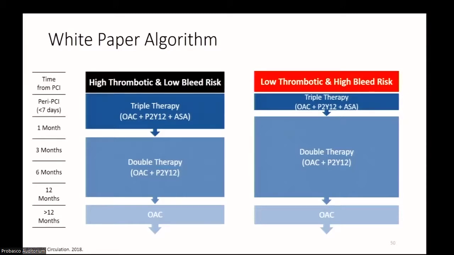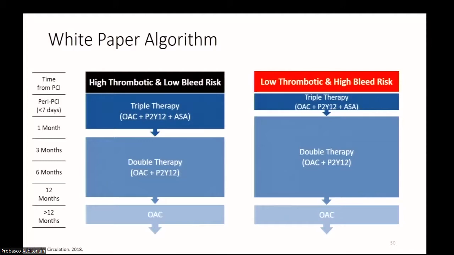And so the trials that we've looked at so far have shown that a strategy of double antithrombotic therapy, consisting of oral anticoagulation in combination with a P2Y12 inhibitor without aspirin started at the time of hospital discharge, is associated with significantly lower risk of bleeding complications without an apparent trade-off in thrombotic events when it's compared to triple therapy.